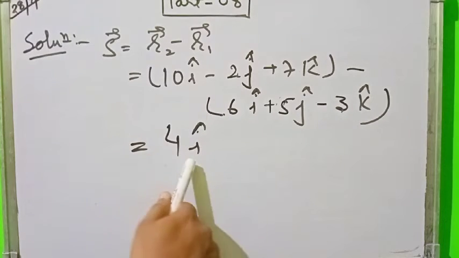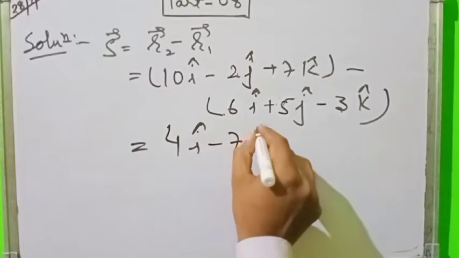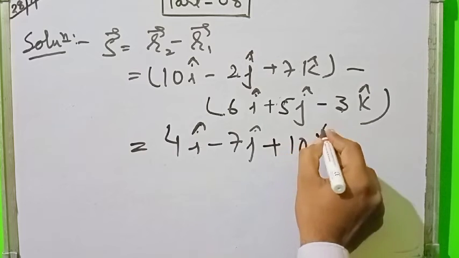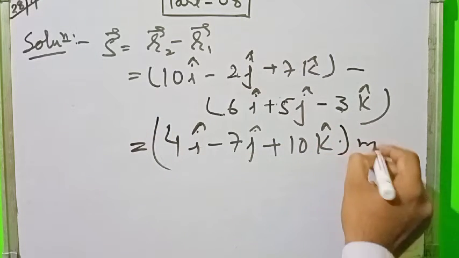So 10 minus 6 is 4 i cap, minus 3 plus 2 gives minus j cap, and 7 plus 3 gives 10 k cap. This is the displacement: 4 i cap minus 7 j cap plus 10 k cap.